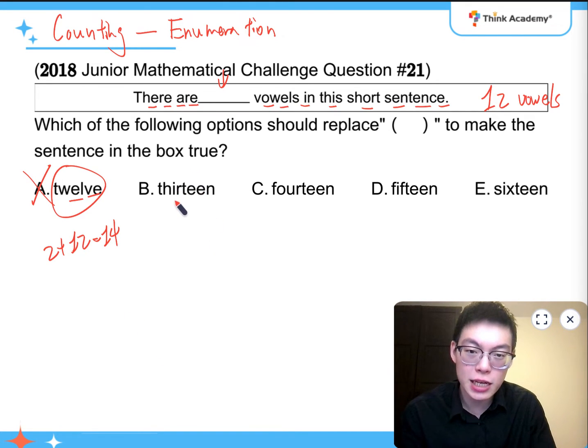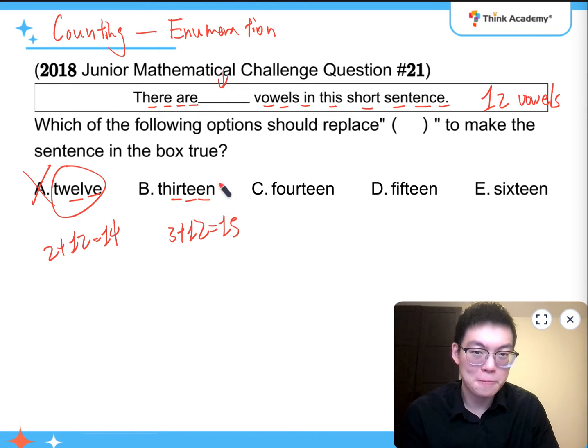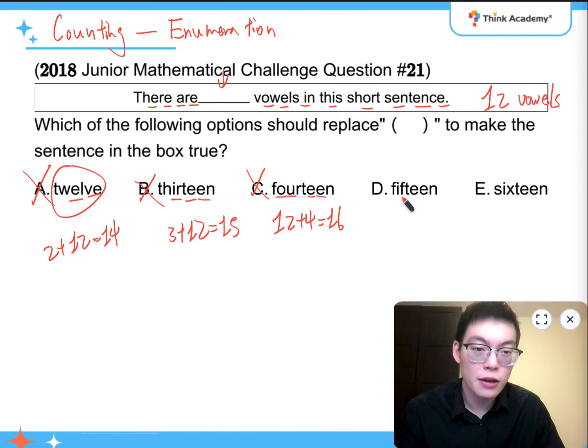And as for 13, there are 3 vowels, which means there should be 15 vowels altogether in the sentence if 13 is put in there. So not 13. 14 has 4 vowels, so 12 adding 4 is 16, which is not 14, so 14 is not the answer.